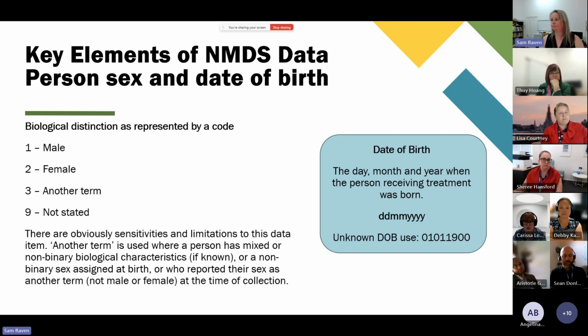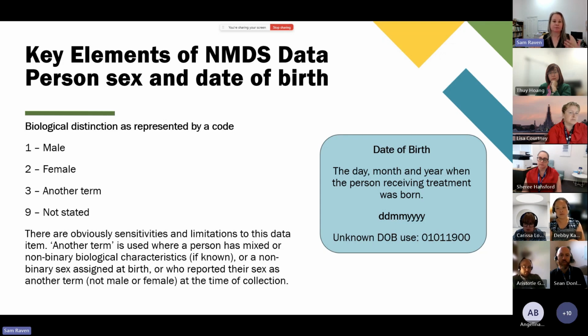The date of birth is recorded as an 8-digit code, with the first 2 digits being the day, the second 2 being the month, the last 4 being the year. If you don't know the person's date of birth, you can use the code 0101-1900, which indicates that you don't know the person's date of birth.